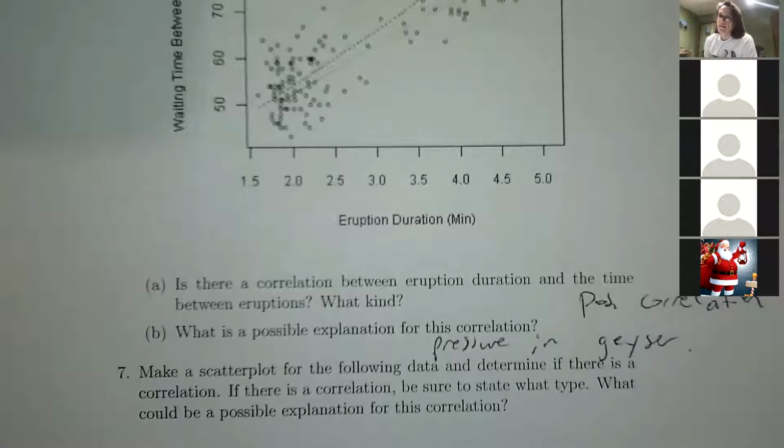Would we have to just write Old Faithful because it doesn't technically tell us it's a geyser? You could put that too. Pressure in Old Faithful. Yeah, it's a geyser though. You know what I mean? Like if this was the Regents or something like that, they would mark us off for that. Oh, for putting geyser instead of Old Faithful? Yes. Oh, I'm not that particular.